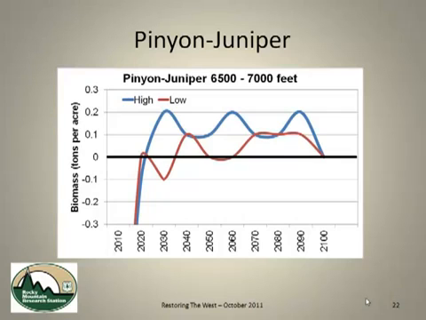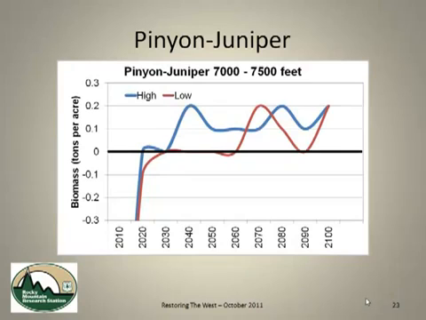They take a little bit longer, and the response might not be sustained. Moving up to the next class, we see that the high quality is quite a bit higher than the low quality and sustained, but the low quality does have an increase. It just occurs much later.